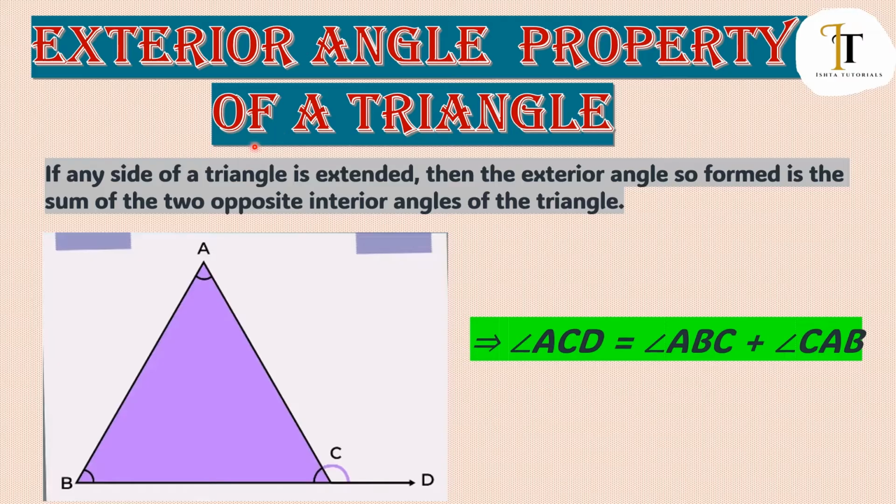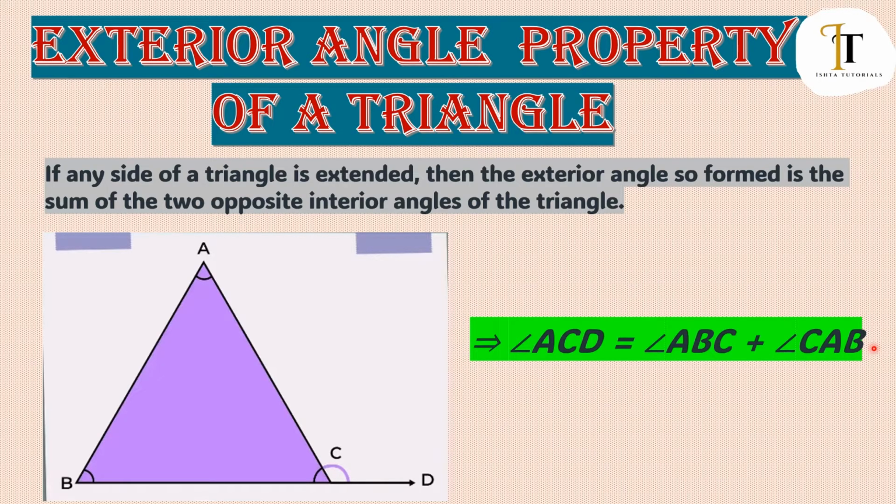Exterior angle property of a triangle. This property states that whenever you see an extended line, it will make one exterior angle. Here ACD is the exterior angle, and we have two interior angles, angle B and angle A. It implies that the exterior angle is always equal to the sum of the two interior angles, meaning angle ACD is equal to angle ABC plus angle CAB.